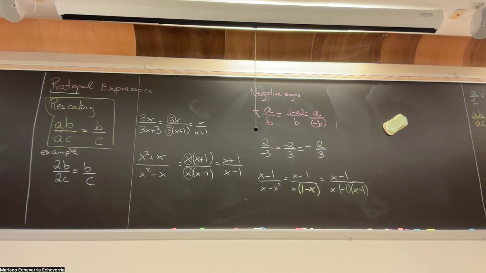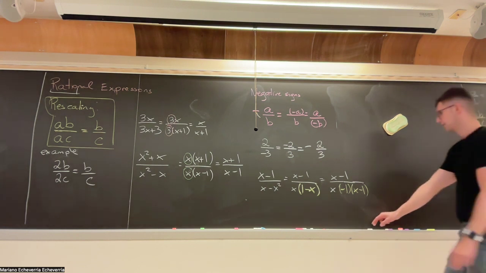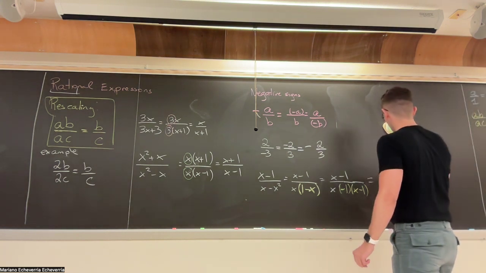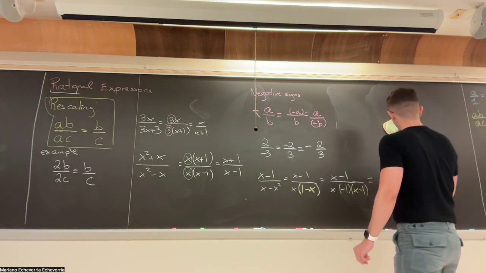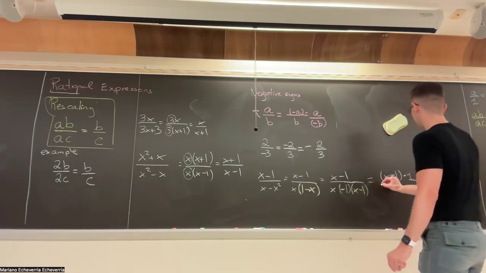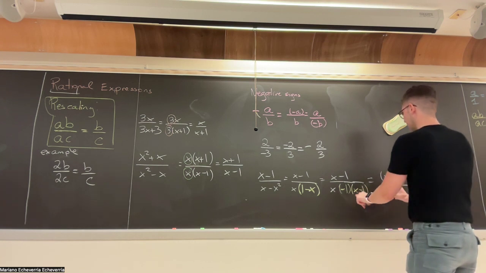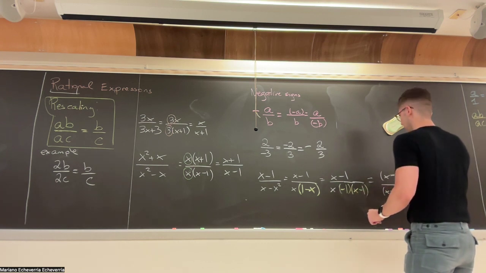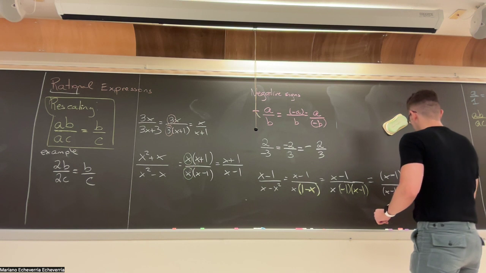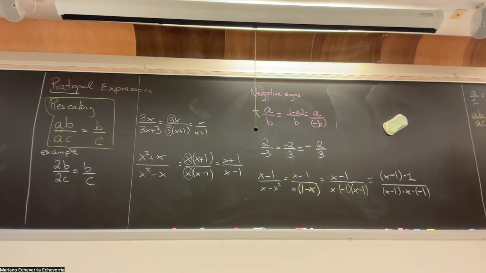But what is the advantage of doing that? Then the numerator is x minus 1 times 1, just to make this more clear. And then I'll rearrange the factors here. So I'll put this as the first one, x minus 1 times x times -1. Okay, and so what can I do here to simplify any further?